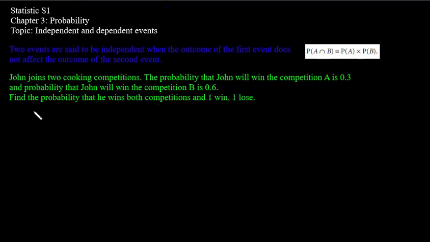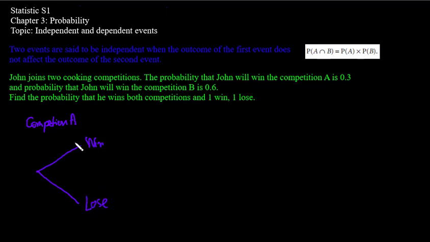Now we will find the probability that he will win both competitions, and the probability that he has one win and one lose. So we will draw a tree diagram to represent all the information we have. For competition A, he can win or lose.